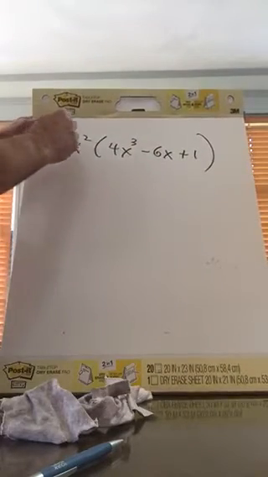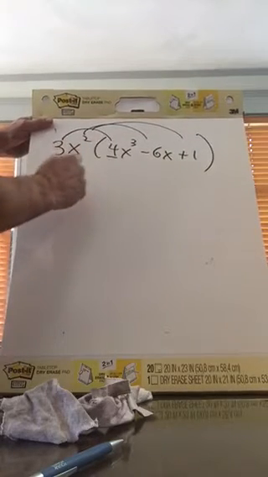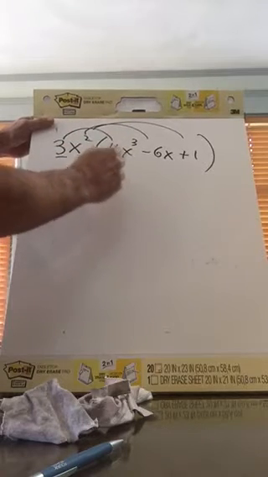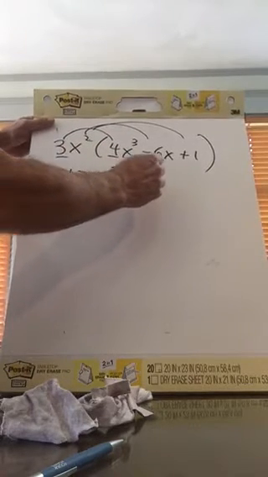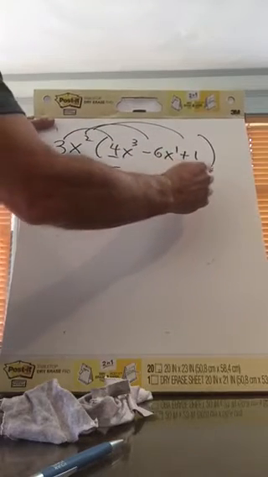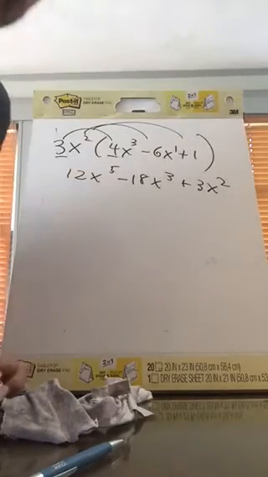And we distribute like this. It's just multiplying coefficients. 3 times 4 is 12. Add the exponents. 2 plus 3 is 5. Multiply coefficients, negative 18. Remember that's a 1, so it's x to the third plus 3x squared. Okay, so you guys are really good at that.